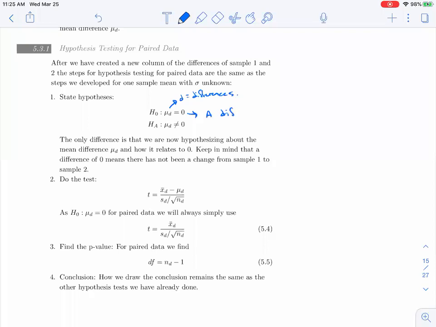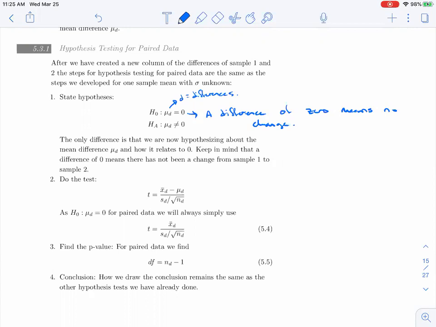Because a difference of 0 means no change, right? And so we always want to test the hypothesis. The null hypothesis is always going to be a statement of no change. So a difference of 0, that's what you're comparing to.